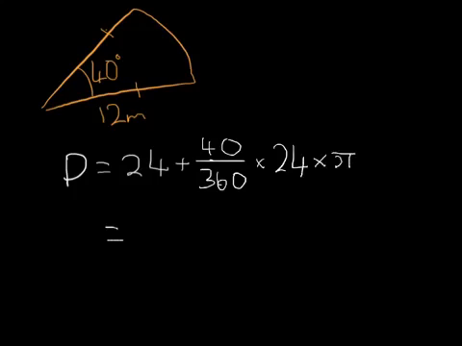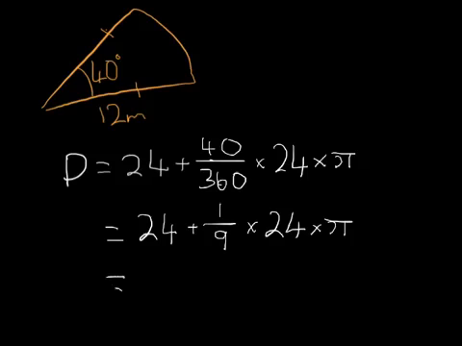And that's going to equal 24 plus 1 over 9 times 24 times pi. And remember to do the multiplication first, and you will end up with 24 plus 8.4, and that equals 32.4 meters.